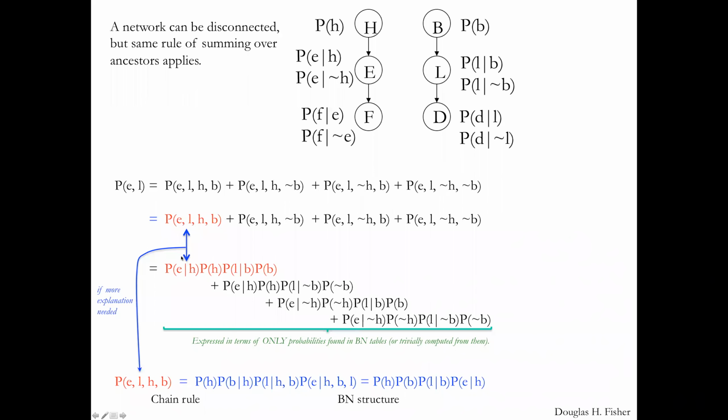And I can rewrite this in terms of probabilities only found in the probability tables. If you need a little bit more explanation, this explanation goes through the chain rule, which always applies, and then rewriting these probabilities in terms of only those that are found in the probability tables.